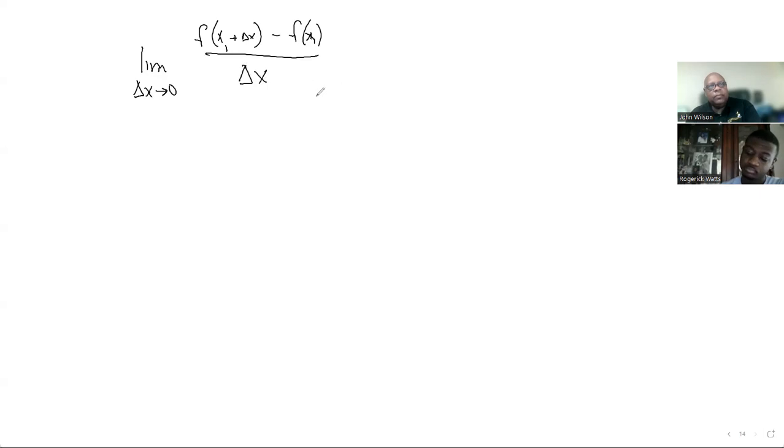The limit, I'm going to write cleanly, as delta x goes to 0 of f of x1 plus delta x minus f of x1 all over delta x is referred to as the derivative of f of x, or y, if you will.